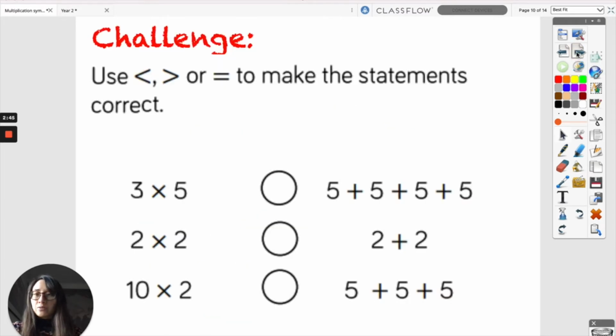For those of you who want more of a challenge, this is the next task. You're going to use the inequality symbols to make these statements correct. So 3 times 5, is that greater than, less than, or equal to 5 plus 5 plus 5 plus 5? And there's 2 more examples. I'm actually going to show you an example of how to work it out.